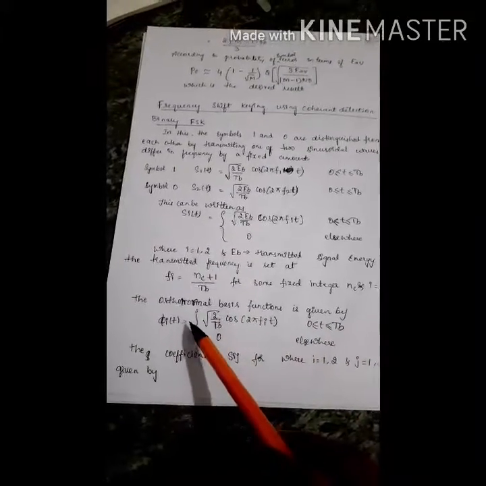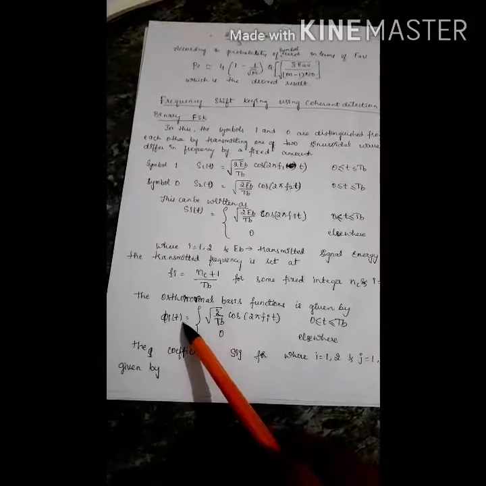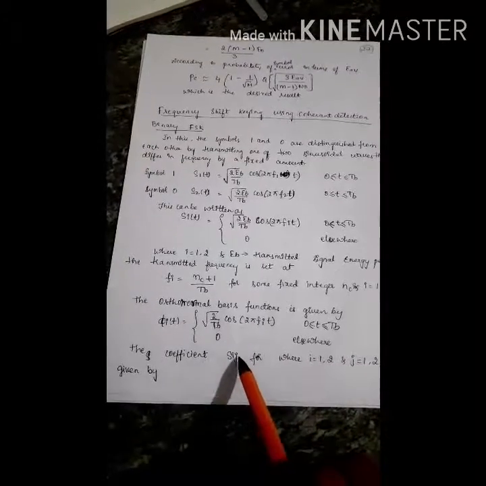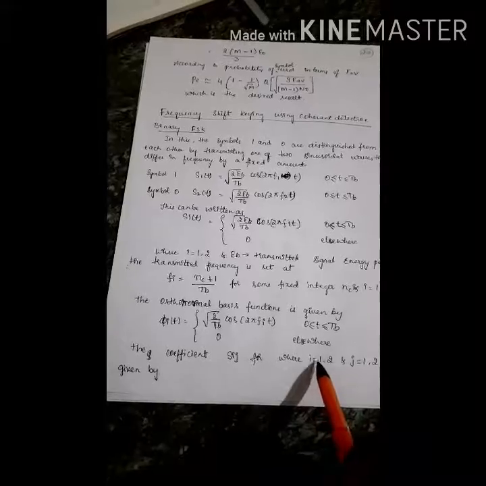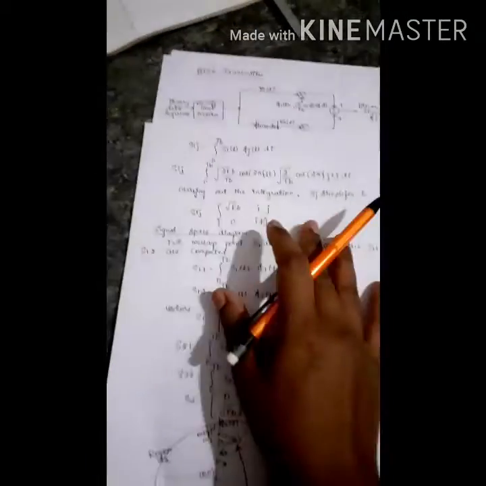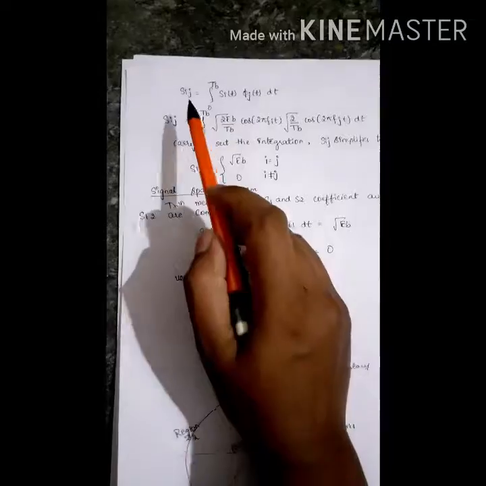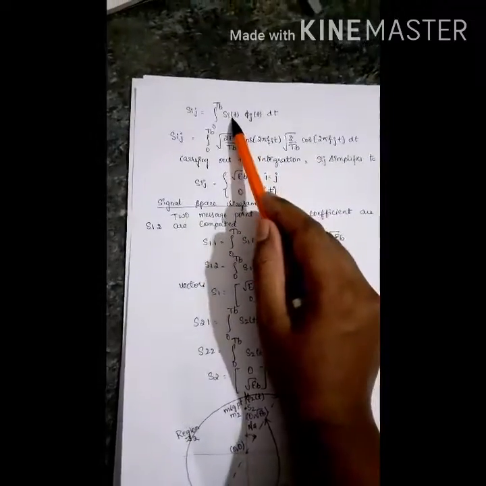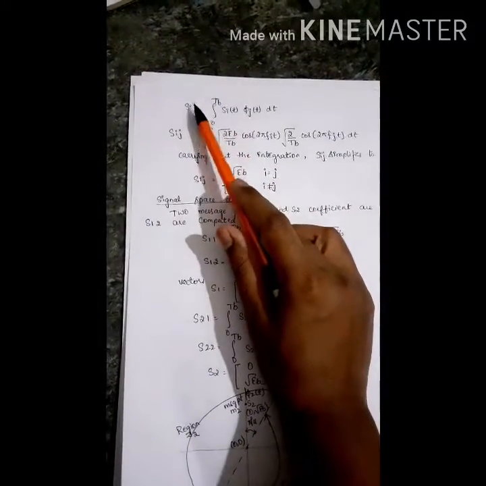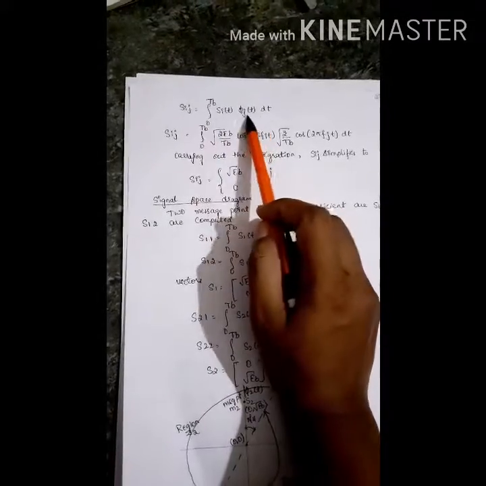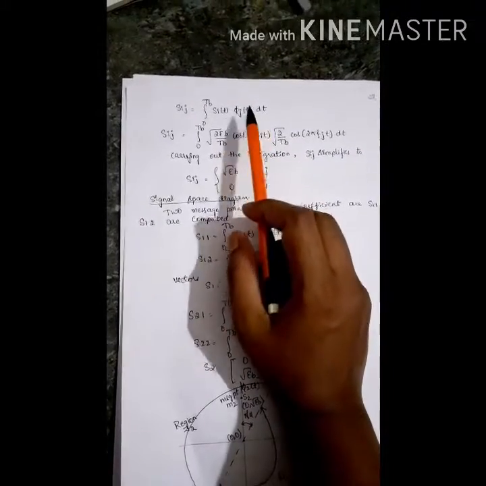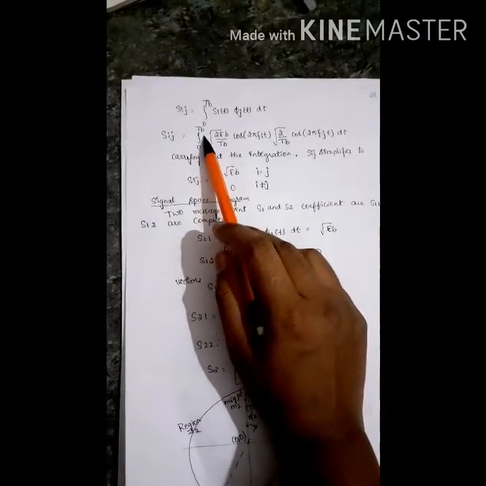Here i has the values 1, 2, and j is 1, 2, and the coefficient Sij is given by Sij is equal to the integral from 0 to TB, that is one bit duration, of Si of t into phi j of t dt.